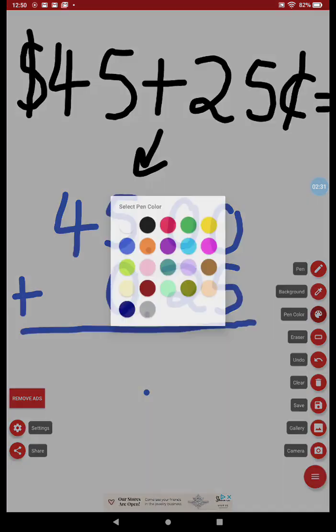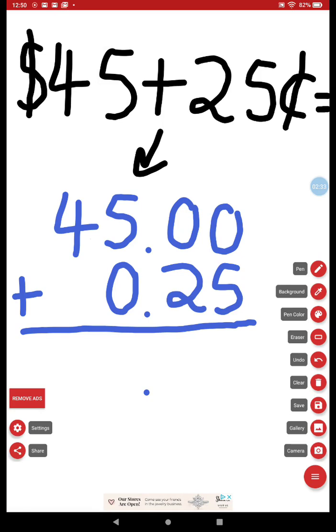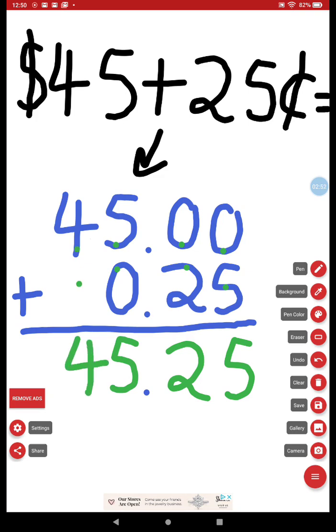And now I'm going to start crunching my numbers. What's 0 plus 5? You know that, it's 5. What's 0 plus 2? Very good, it's 2. 5 plus 0 gets me 5. 4 plus nothing gets me 4. And I be sure to bring my decimal point straight down.